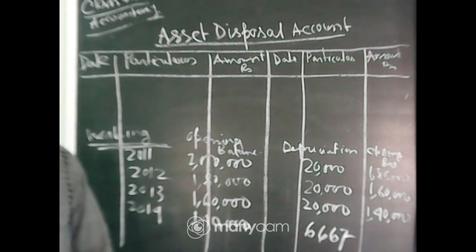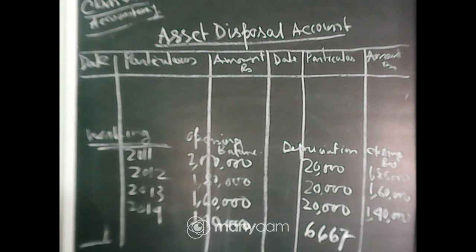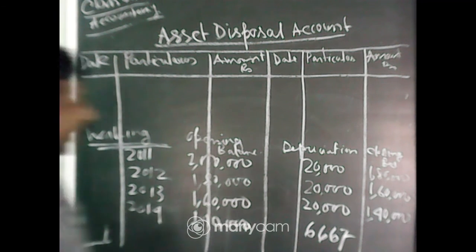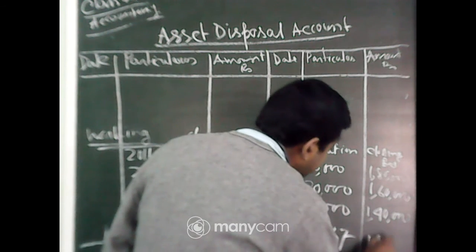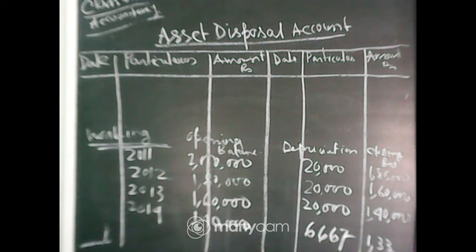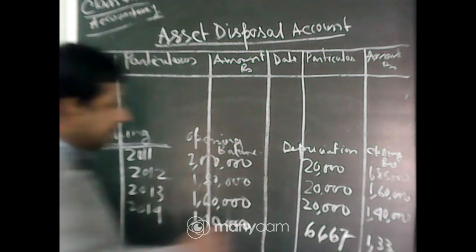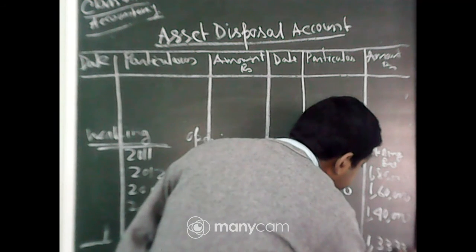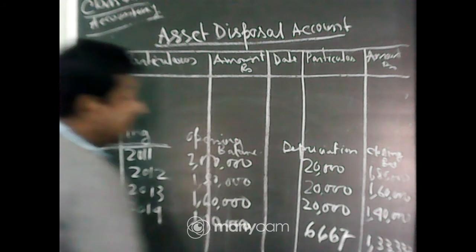So we depreciate that year up to the sale point, the month of April, 6,667. Then what balance will be left? 1,33,333. So that balance will be left.